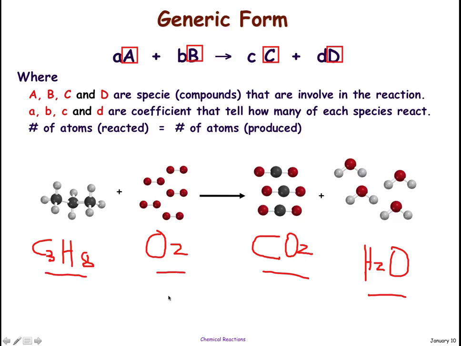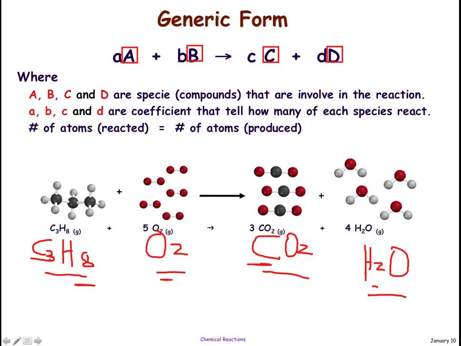Then it's just a matter of going back and forth and making sure that the number of carbon atoms is the same on both sides, the number of hydrogen atoms is the same on both sides, and the number of oxygen atoms is the same on both sides. You make sure they're the same by changing the coefficients, how many each of these chemicals has.